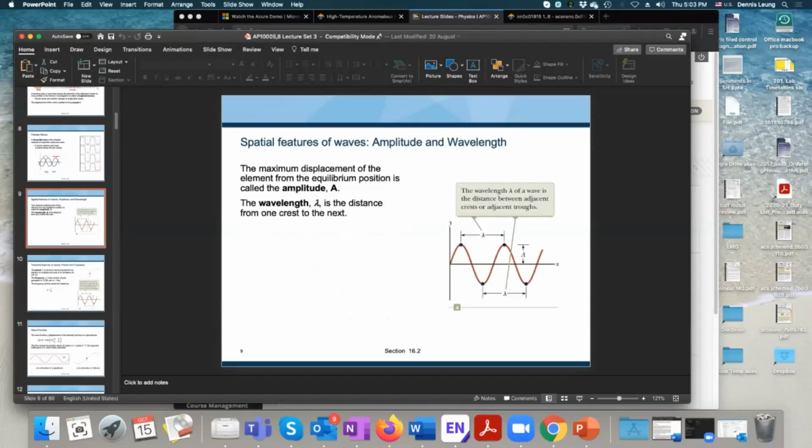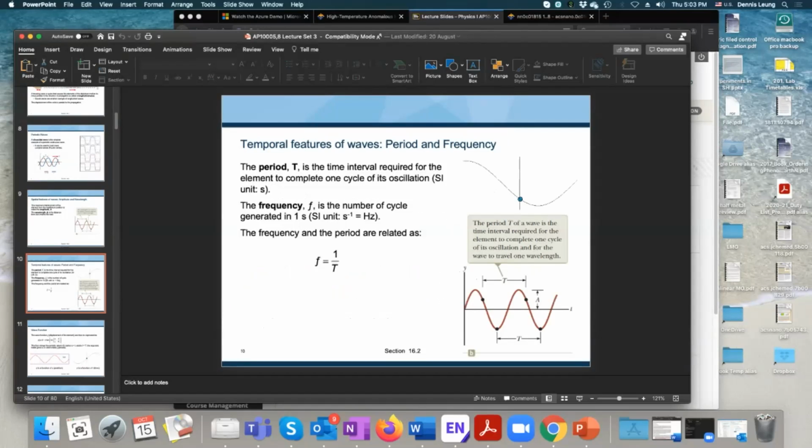Here, you have the displacement versus time graph. The points on the graph correspond to the displacement of the particle at a certain time for a particular location in the wave transmission.